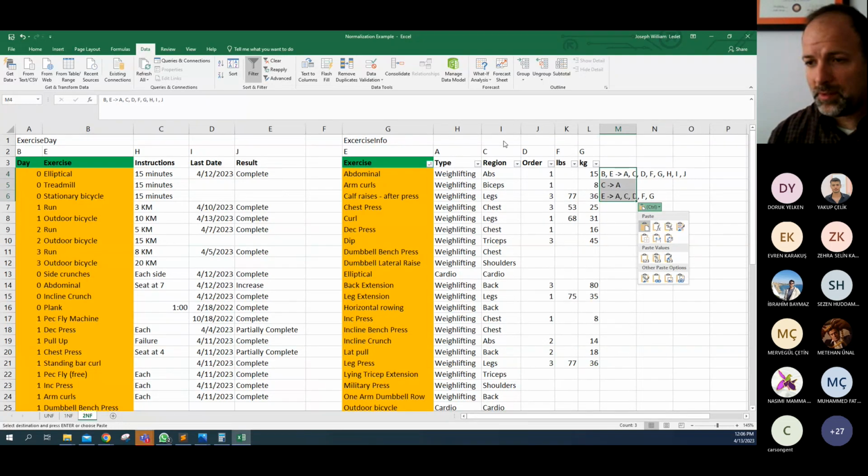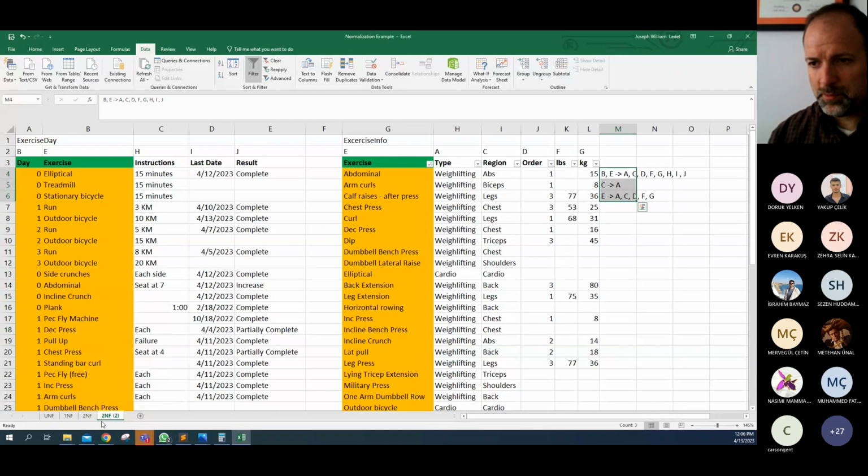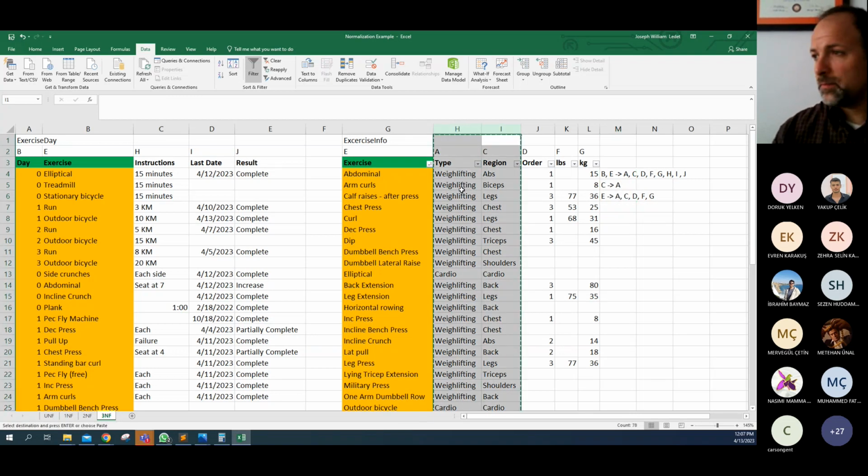I'll move it over to here. Let me copy this. Third normal form. Okay, so we're going to take these two, bring them over here.